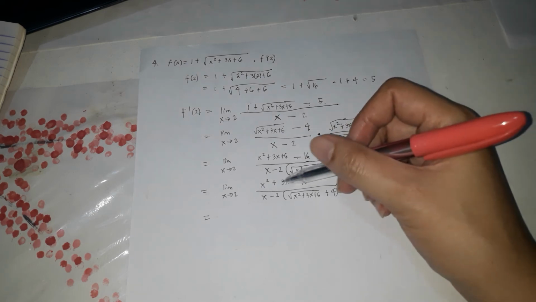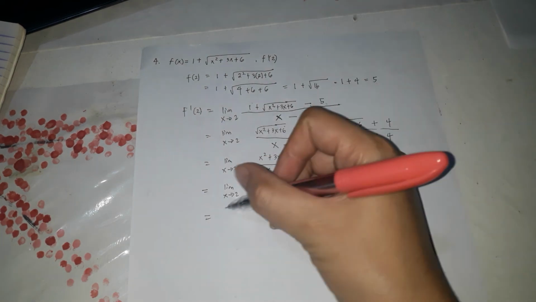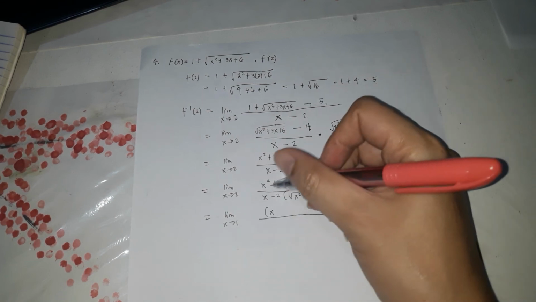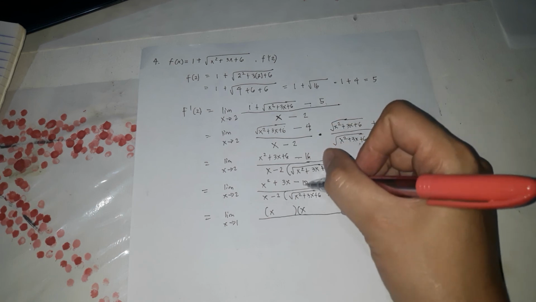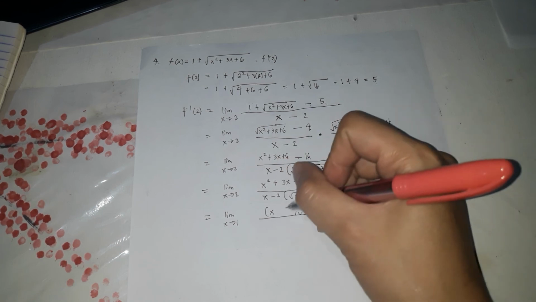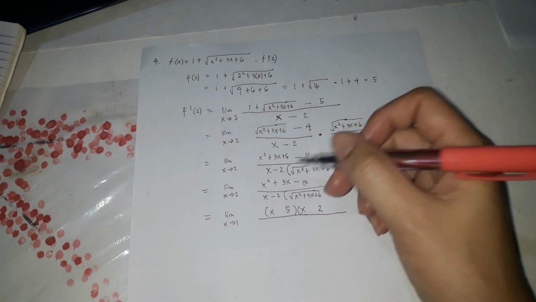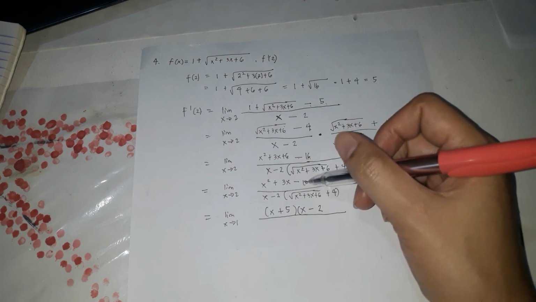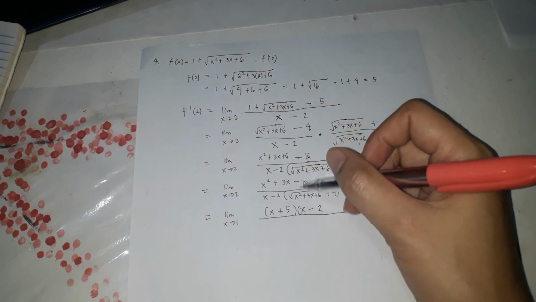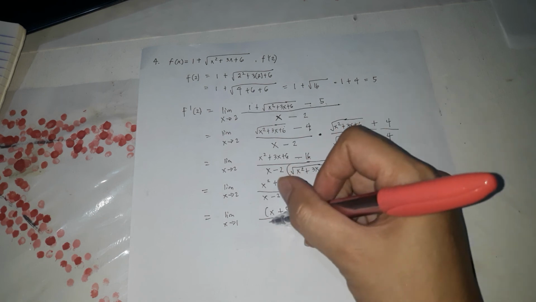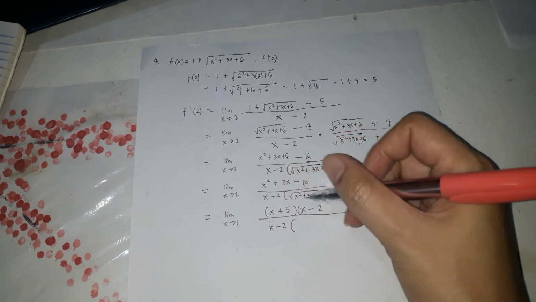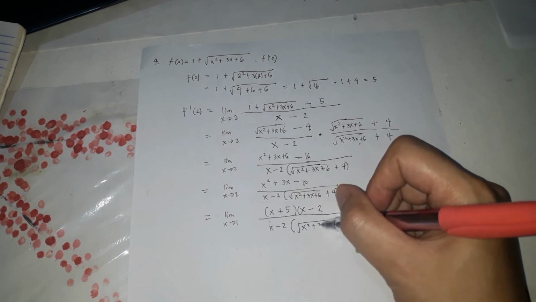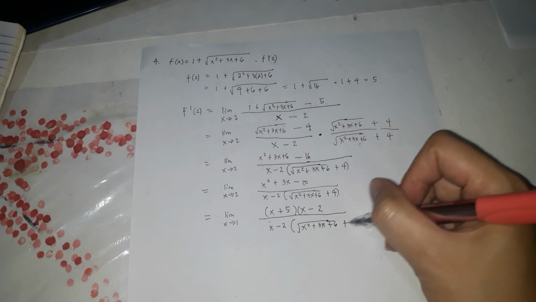This is a trinomial, so we could use factoring by trial and error. x squared is x times x. Then the negative 10 is 5 times 2. Because the 3x is positive, the bigger number, 5, must be positive, so positive 5 times negative 2. So x plus 5 times x minus 2. That's the factored form of this one. If you would check, that's correct. I hope so. Plus 4.